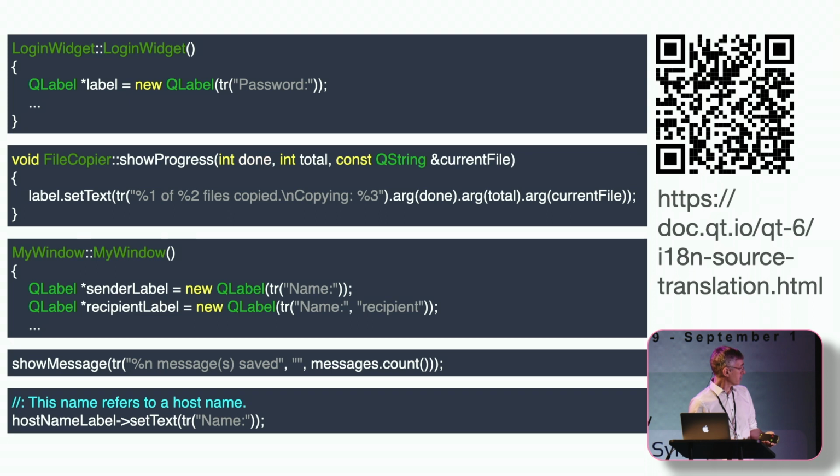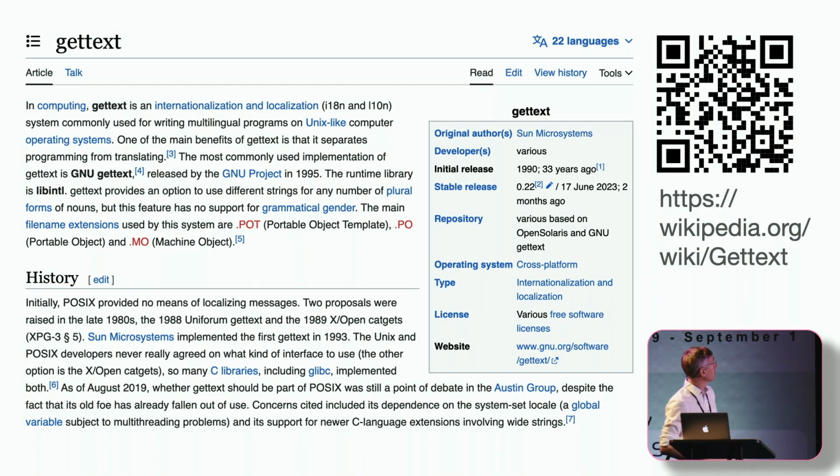So enter gettext. Oh yeah, one last thing. You can pass comments to the translator, which is very nice. And the syntax is that you use an ordinary C++ comment with a special tag in it.